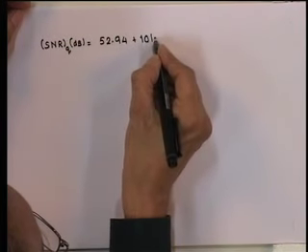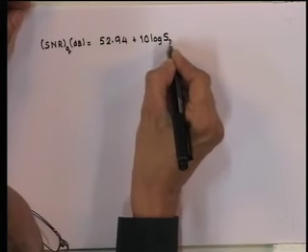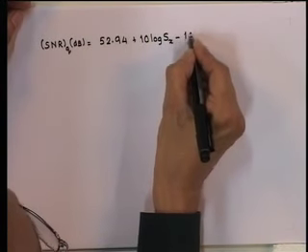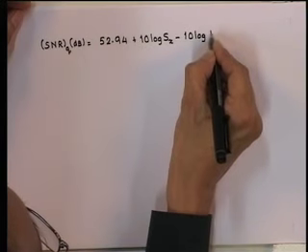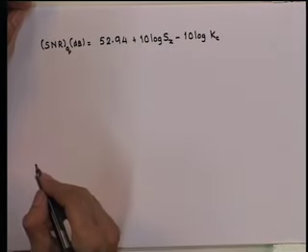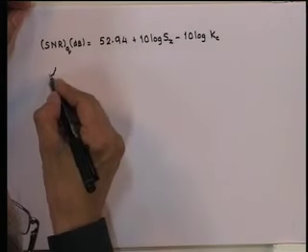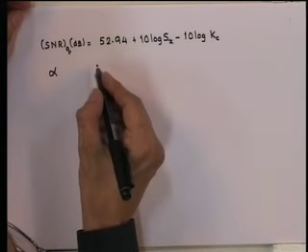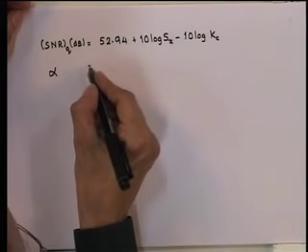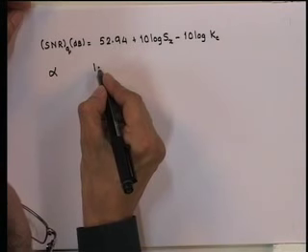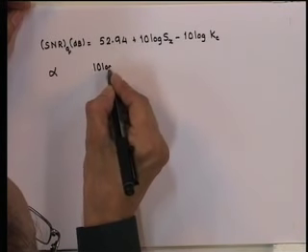plus 10 log S x minus 10 log C, and this is shown as follows for different values of alpha.